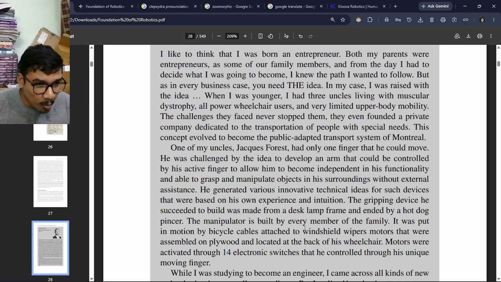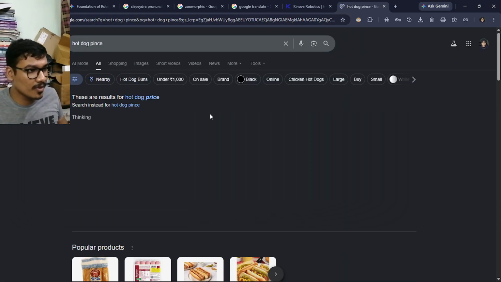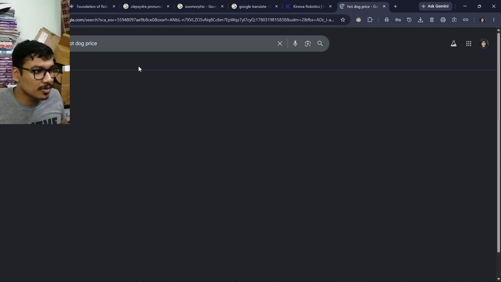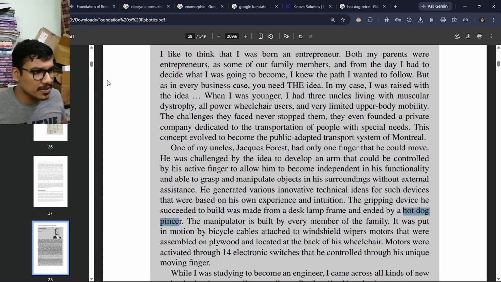dog pincer. Hot dog pincer? What's that? No, I know what a hot dog is, but what is a hot dog pincer?